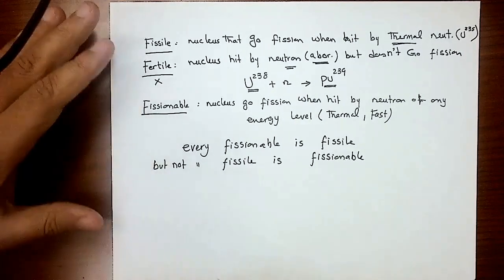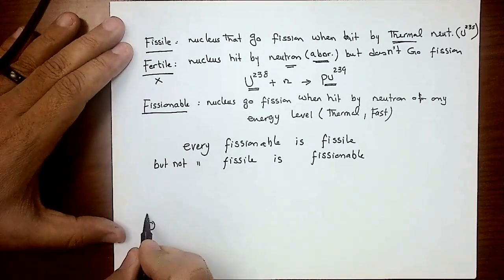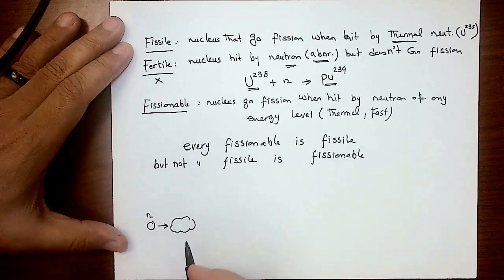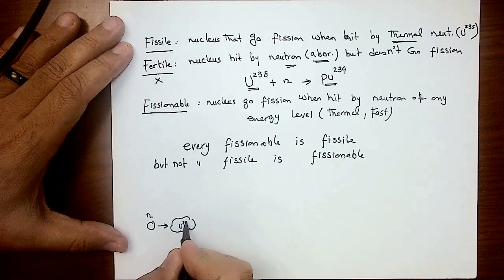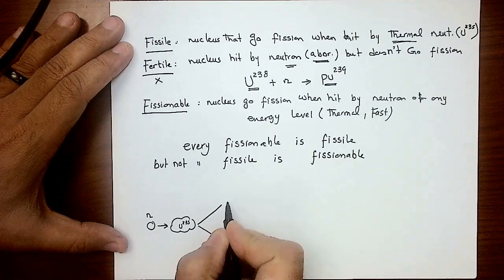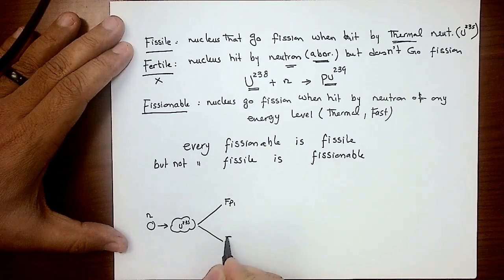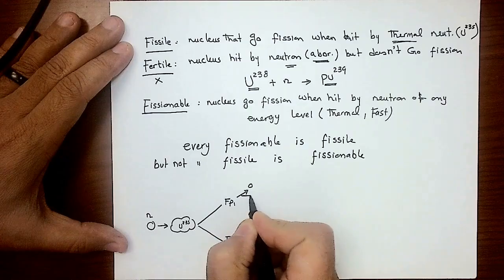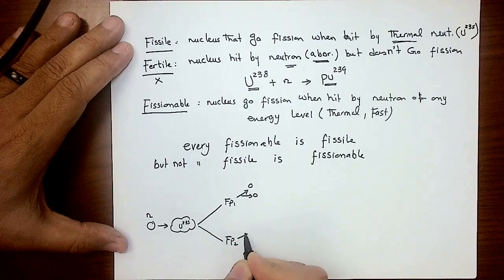So now, as a summary, we have a neutron that hits a nucleus, for example U-235. Then this will produce unstable fission products, 1 and 2. Then after a few seconds, neutrons will come out, 2 or 3.